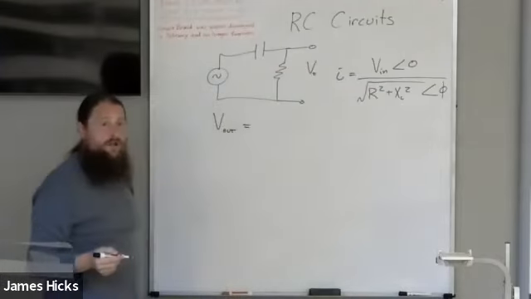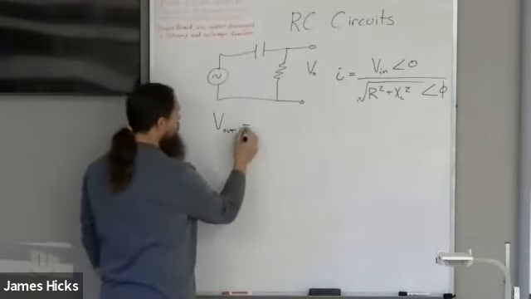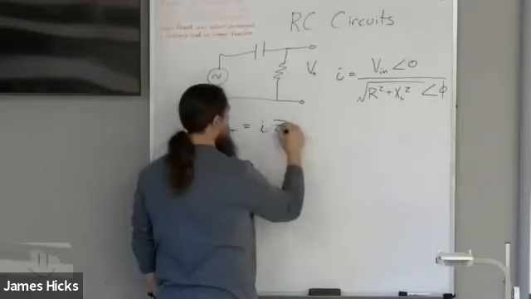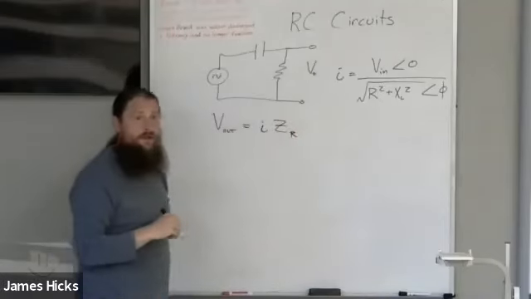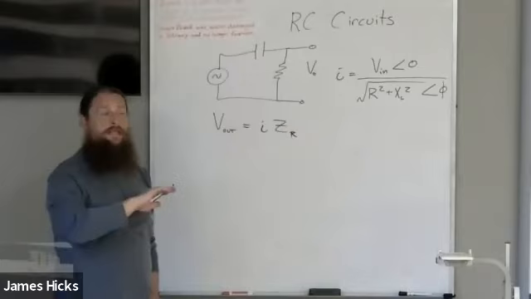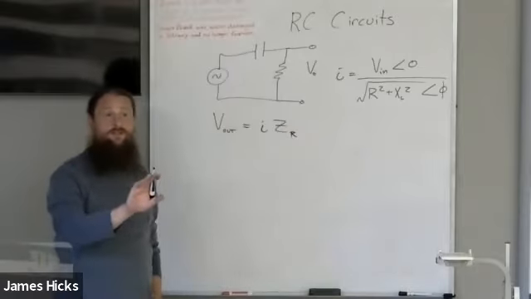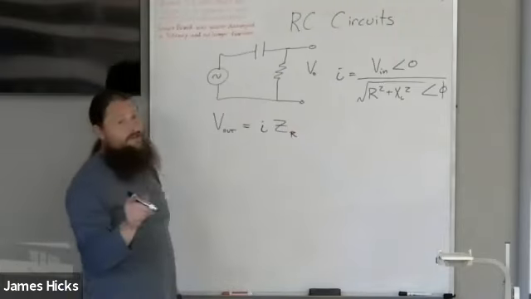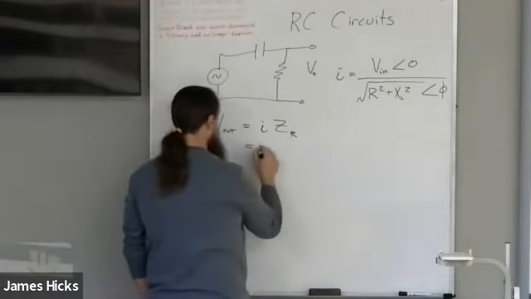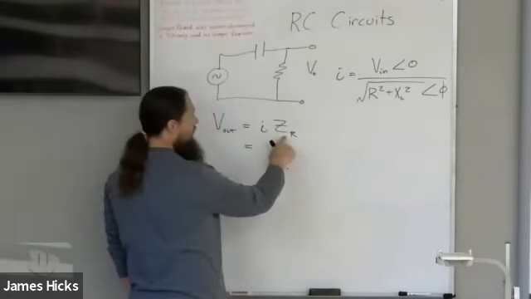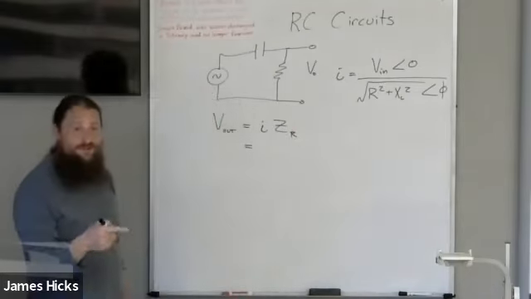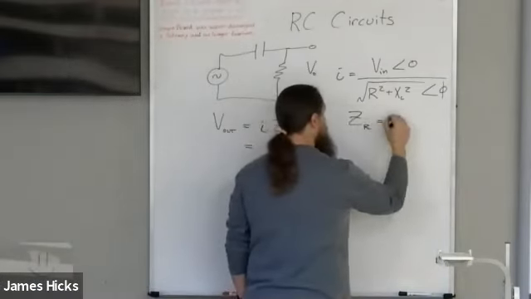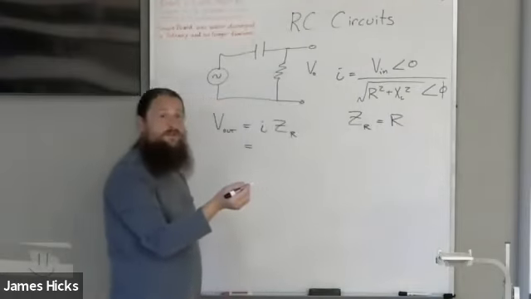The voltage on the resistor is the current times the impedance of the resistor. This is exactly the same stuff we did when it was the voltage on the capacitor. It's easier now because the complex impedance of the resistor, the Z sub R, that's just the resistance.